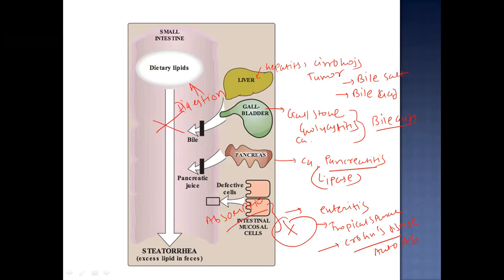So absorption of the dietary lipids will be hampered. In that case also, the unabsorbed product can come into the feces, and it will give rise to steatorrhea, or excretion of undigested fat into the stool.